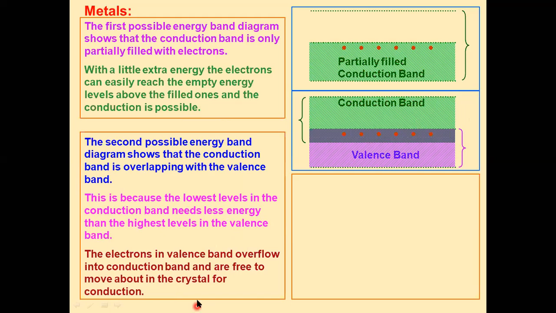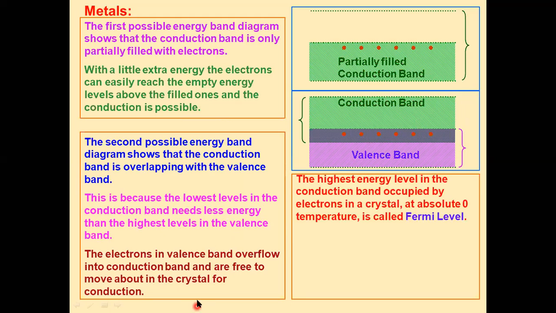So due to these free electrons, current easily flows through the conductor, through the metal. The highest energy level in the conduction band occupied by the electrons in the crystal at absolute zero temperature is known as Fermi level.